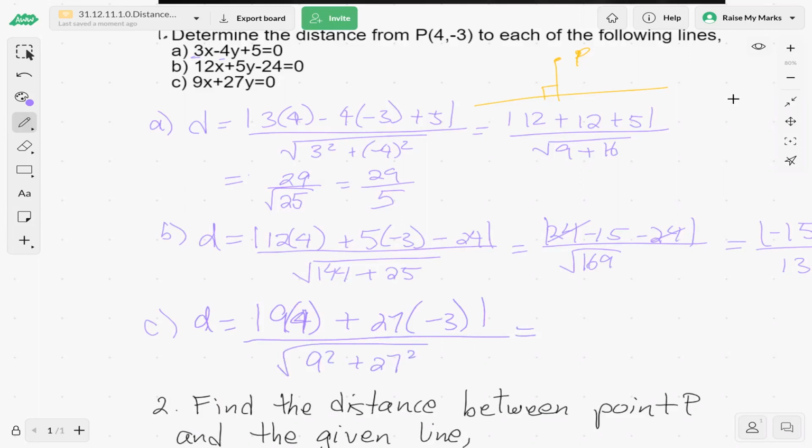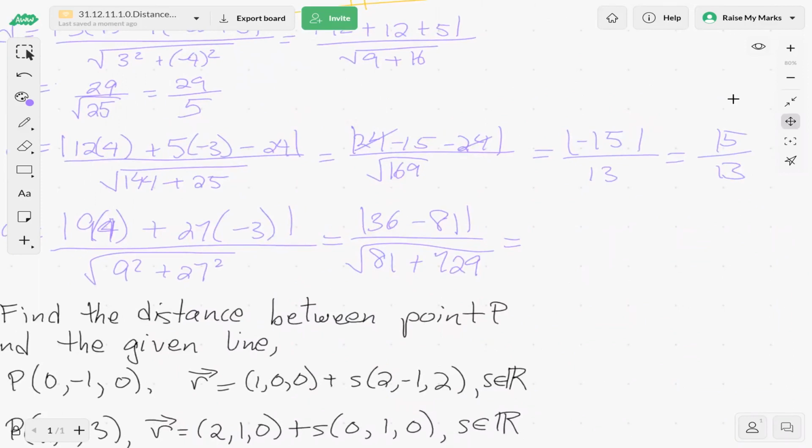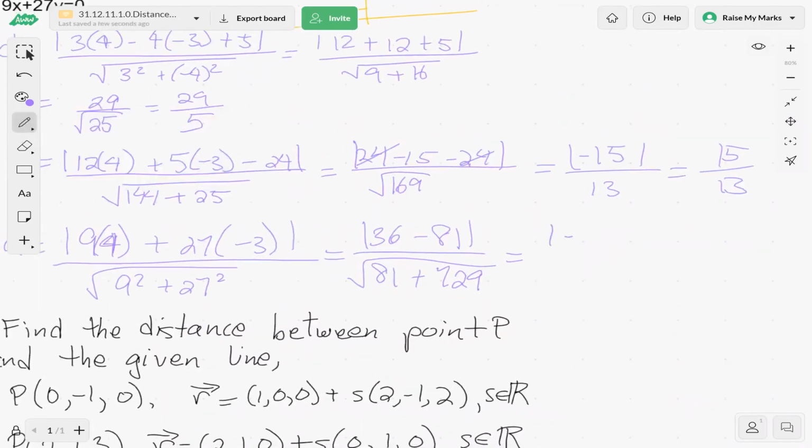We've got some larger numbers now. 9 times 4 is 36, minus 27 times 3, which is 81, all over 81 plus 27 squared, which is 729. Then 36 minus 81 gives negative 45 in the numerator. In the denominator, 81 plus 729.